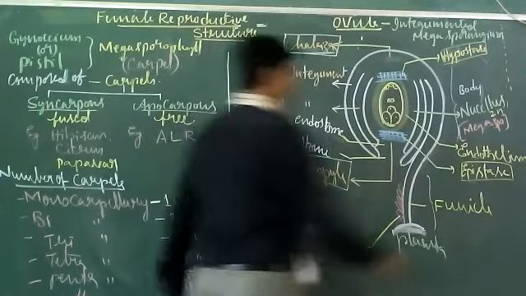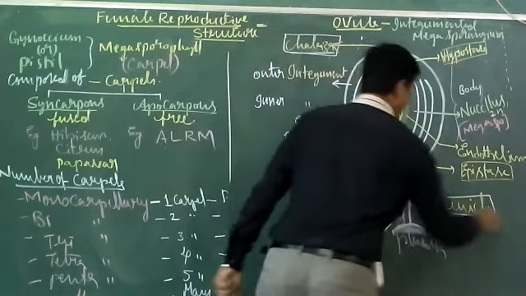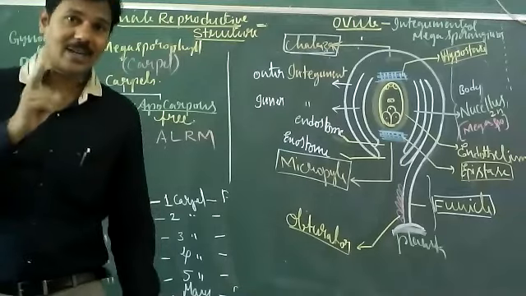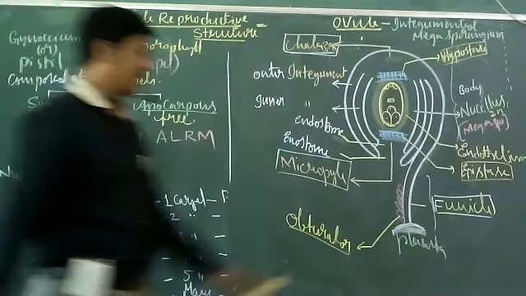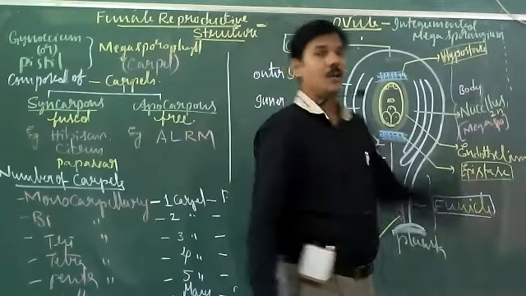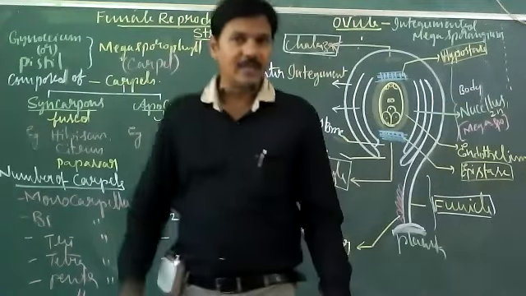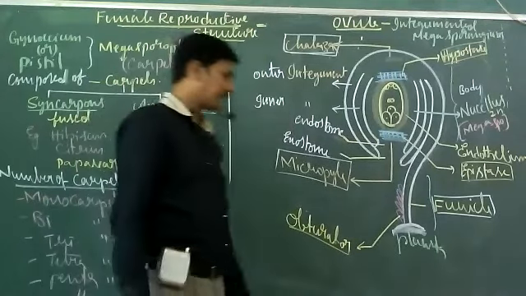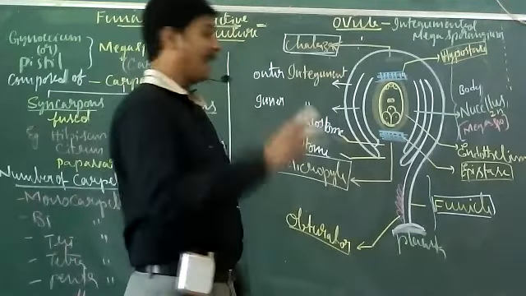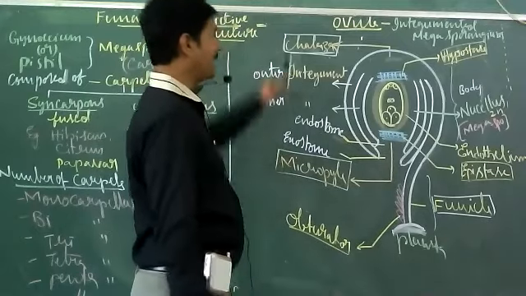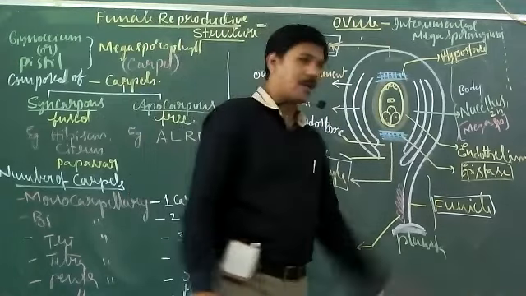Two main structures are there: one is the funicle, the other one is the body. Then three main regions: micropyle, chalaza, funicle.